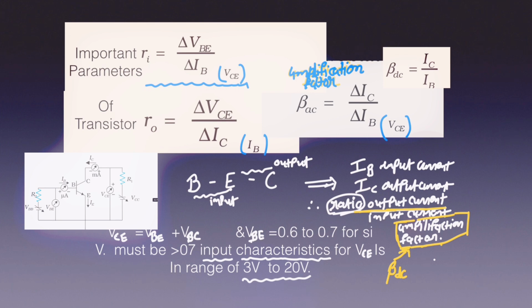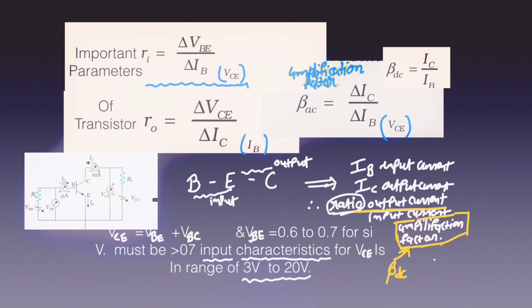So just try to understand that we are talking about input resistance. Our formula is R equal to V by I. We are applying this formula and we are applying Kirchhoff's law. So we get Ri equal to delta VBE divided by delta IB. And output resistance is Ro equal to delta VCE, the voltage between collector and emitter, divided by delta IC, keeping IB constant.